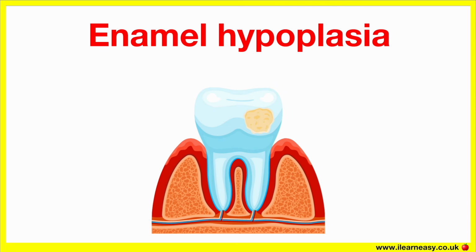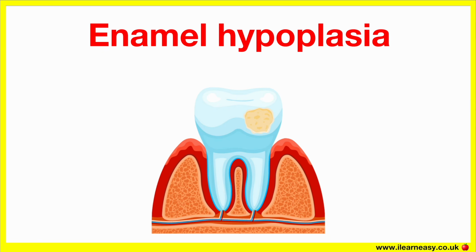Some common causes are nutritional deficiencies, especially vitamin A, C, or D, high fever or illness during early childhood, prenatal issues, for example, maternal illness or premature birth, infection, for example, measles or chickenpox, trauma to a developing tooth, genetic disorders, or exposure to toxins.